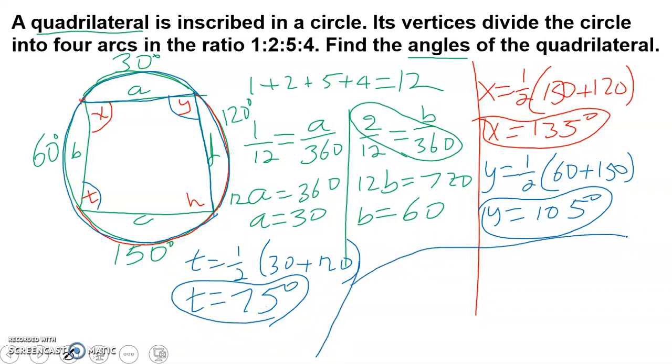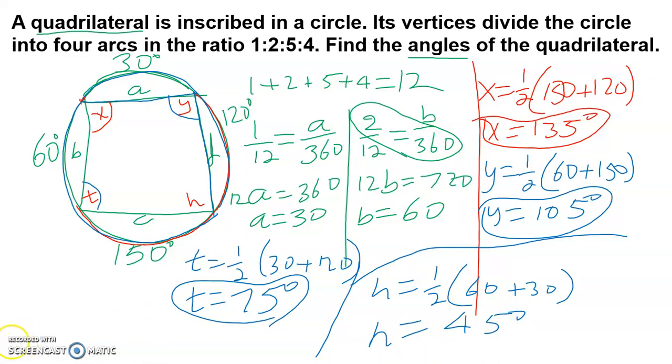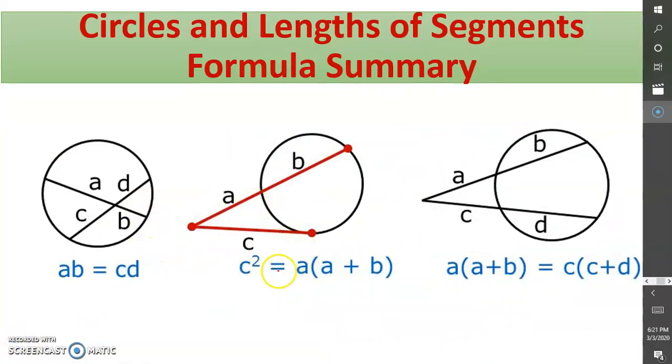And the last one, H, is going to be 1/2 of 60 plus 30. 60 plus 30 is 90, halved, which is 45 degrees.